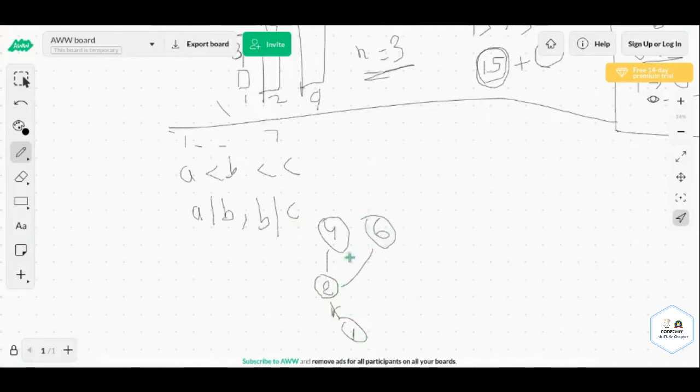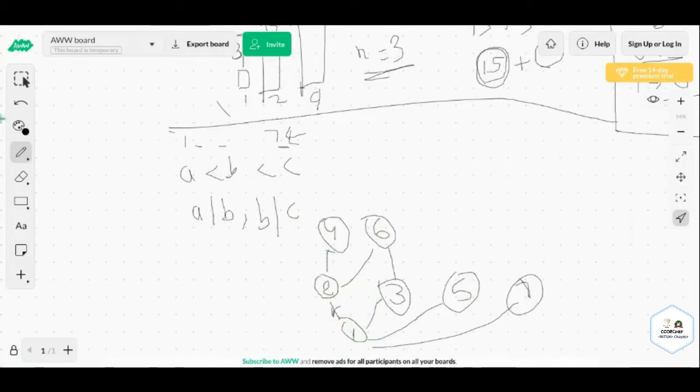Our maximum range is 7, so 4 divides 8 also, but we will go up to 7 only. And 1 divides 3, 3 divides 6, 1 divides 5, and 1 divides 7 also. Here the relation is transitive: 1 divides 2 and 2 divides 4, so 1 divides 4 also.